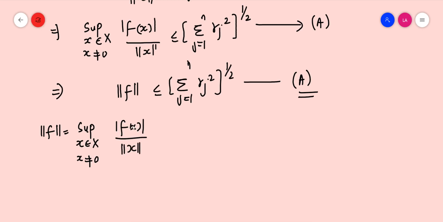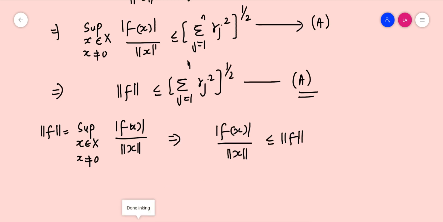Which means that norm f is the supremum of modulus of f of x by norm x for any x element of capital X. Since the supremum of a quantity is always an upper bound, norm f should be an upper bound of modulus of f of x by norm x for every x. So we can write modulus of f of x by norm x less than or equal to norm f for all x, since it is the upper bound.